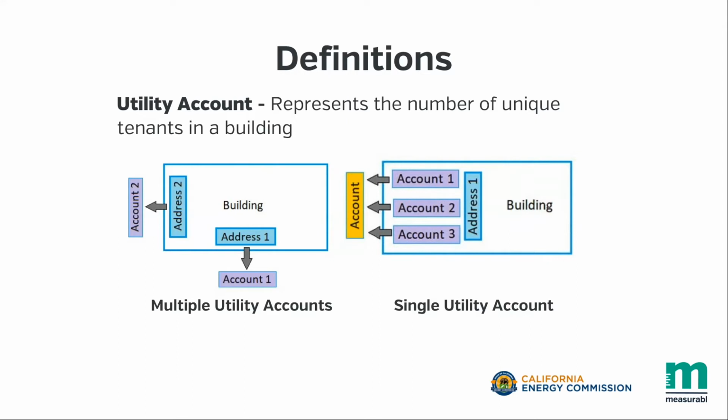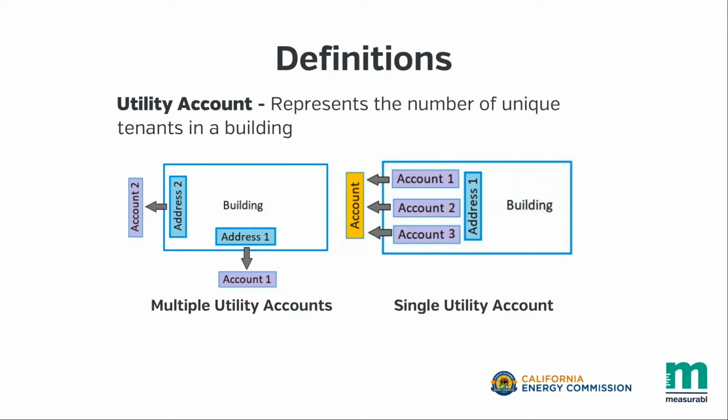We're looking at the number of individual postal addresses for determining the number of accounts. So the graphic on the left, say you have a single building with 2 retail stores in it. Let's say there's 1 meter on the building, and those 2 tenants or businesses figure out among themselves how they're going to pay the electricity bill. Well, from the utility's perspective, they only see 1 utility account associated with that building.